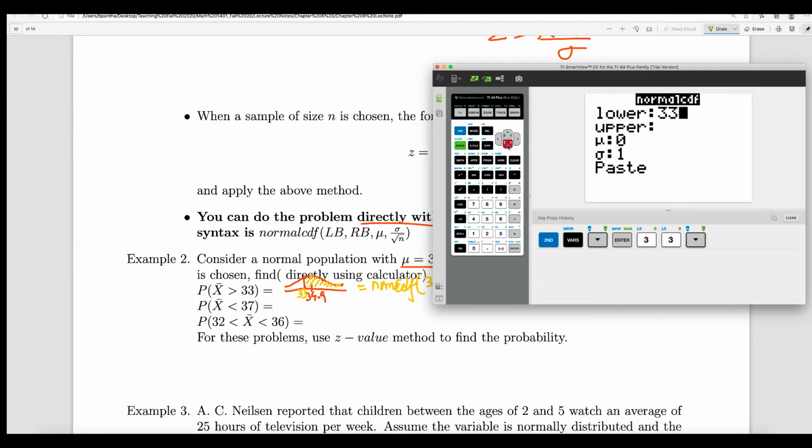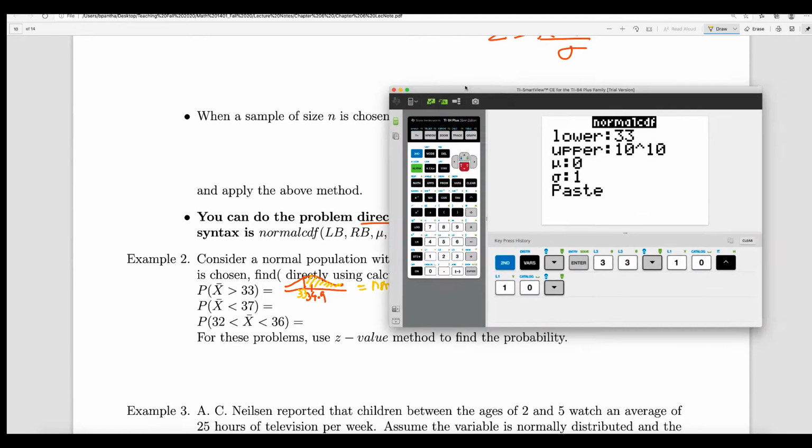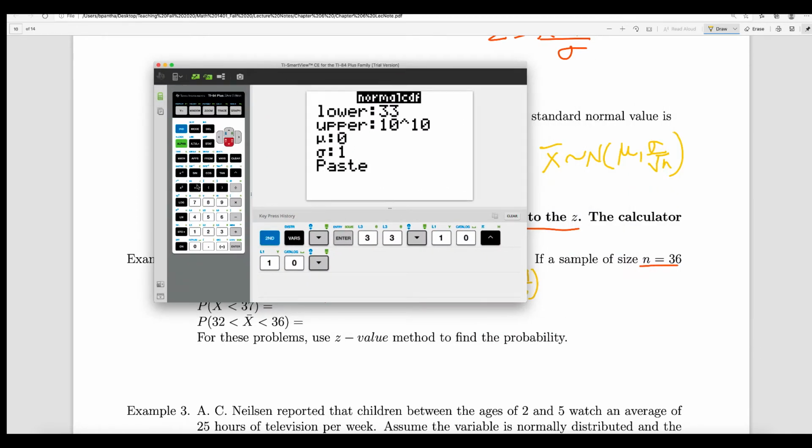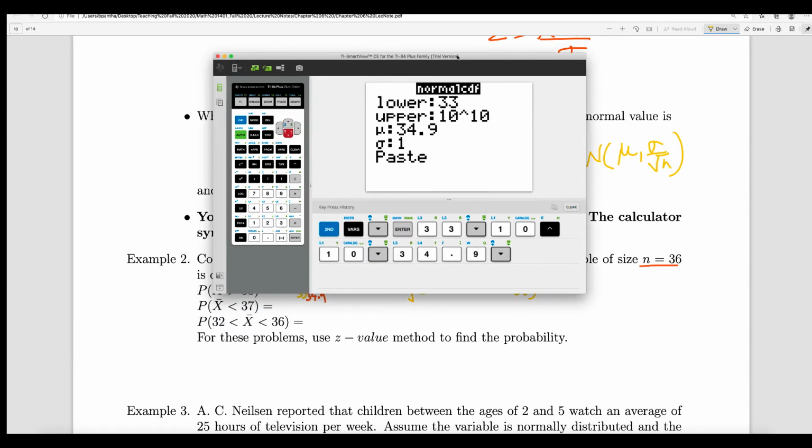The upper limit is 10 to the 10, and the mean is 34.9. Is that what we have? Yes, 34.9. And then the sigma is basically sigma over root n. So what was sigma? Sigma was 4.1, right?